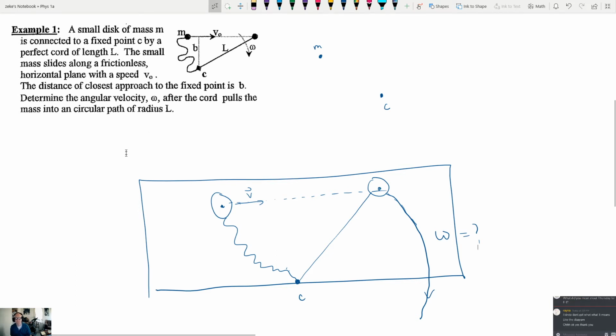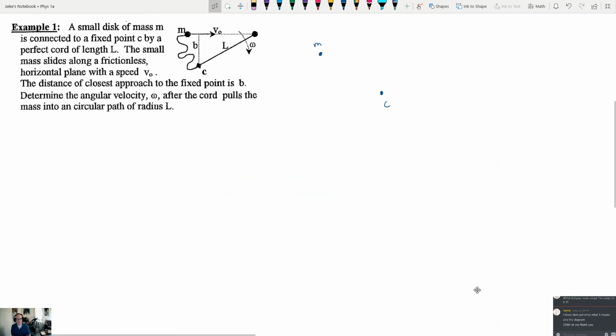Okay. All right, I'm going to redraw this picture using vectors. So here's our fixed point C. Here's the mass m. It's traveling with a constant velocity to the right to begin with. So this is the velocity of the object, v. And then we have this loose chord right here. We can consider this to be the initial position.